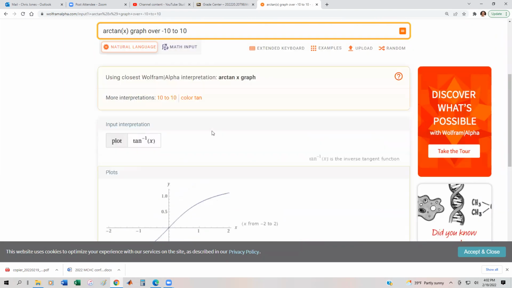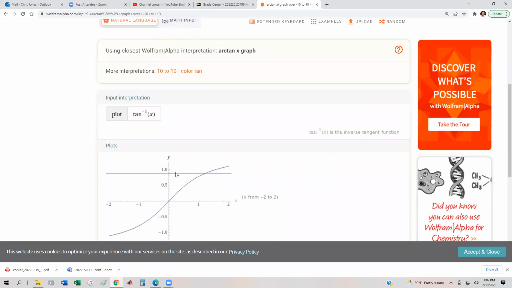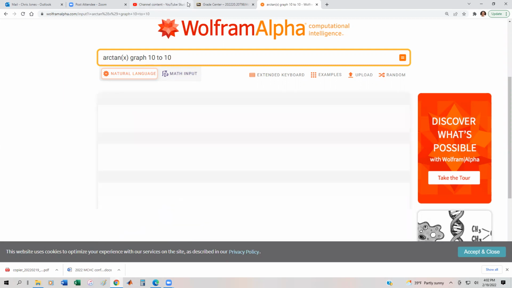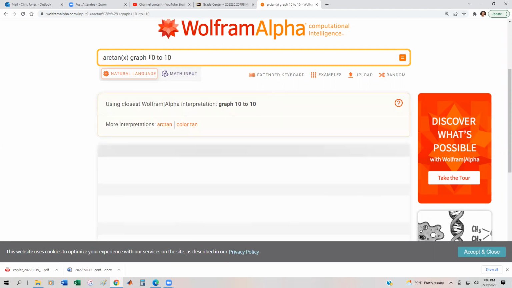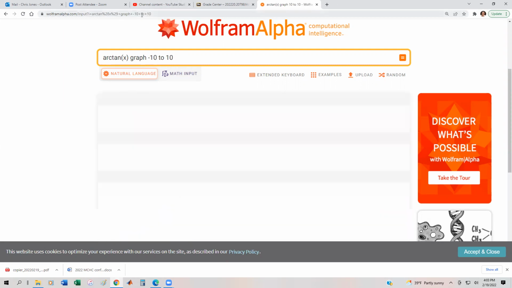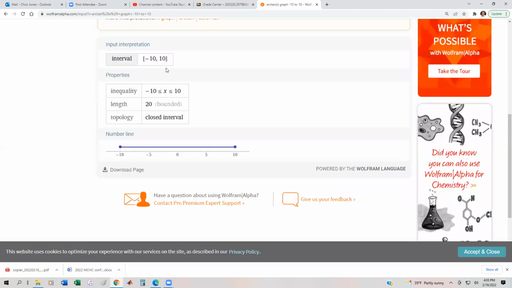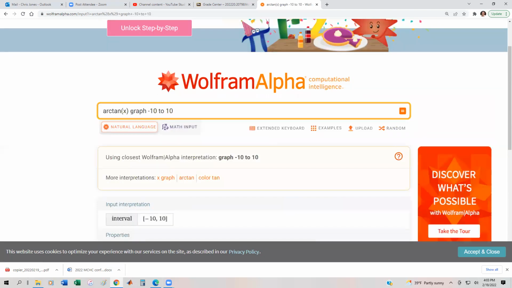It didn't do what we wanted it to do, huh? So arctan x graph. Let me try this, -10. I didn't realize I didn't type in the negative. No, that doesn't help too much. Let me try to put it in interval notation.